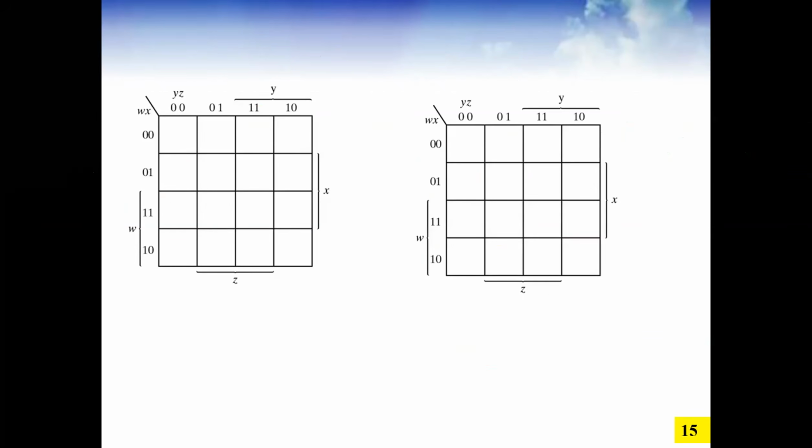I have 1, 1, 1, 1, 1, 1, 1, 1, and I have this one. For example, this is the way. Now tell me, how can I form the groups, and what will be the row or column that I will recognize?